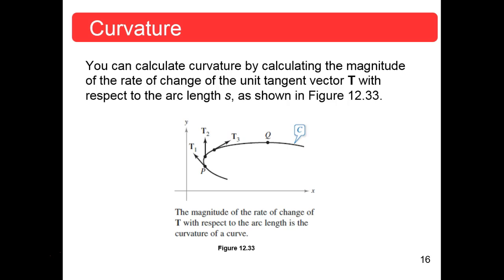Picture doing the same thing here at Q, and the next point Q, put them together, the change in T would be incredibly small there, because here's your unit tangent vector there, a little bit further on, it's hardly changed. So put them on top of each other, and it would have just a minuscule change in those unit tangent vectors, as opposed to these, which are changing really big time. Okay, so that's what we mean. Magnitude of the rate of change of T with respect to the arc length is the curvature of a curve.